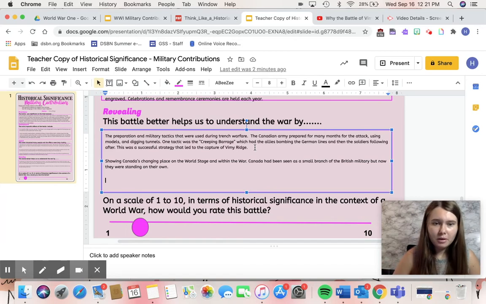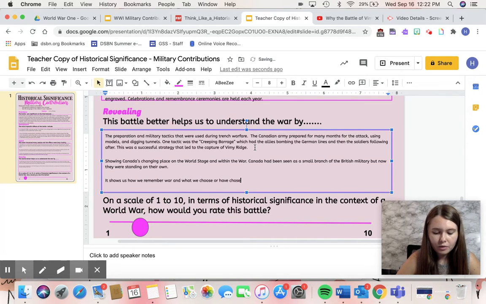So let's just quickly talk about this here. It shows us how we remember war and what we choose or have chosen to memorialize.